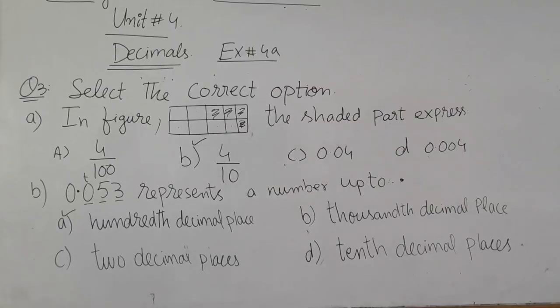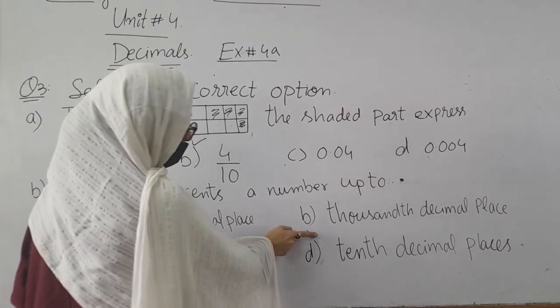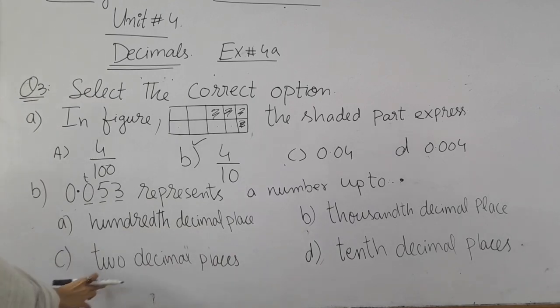In this question, 0.053 represents a number up to hundredth decimal place, thousandth decimal place, two decimal place, and tenth decimal place.